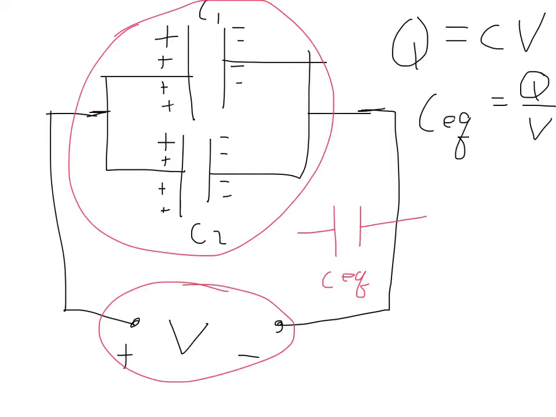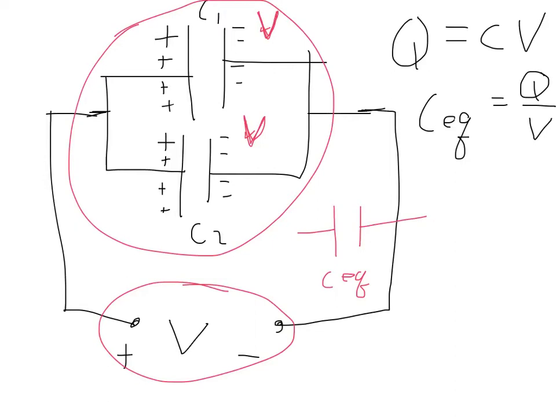Alright, so what's going to happen then if I have this voltage here on this capacitor and this voltage here on this one? Well, what's going to happen is that because these capacitors are in parallel with this source here, each capacitor is going to have the voltage V across it. Each capacitor is going to have that voltage V. So the charge on each capacitor is going to be different.